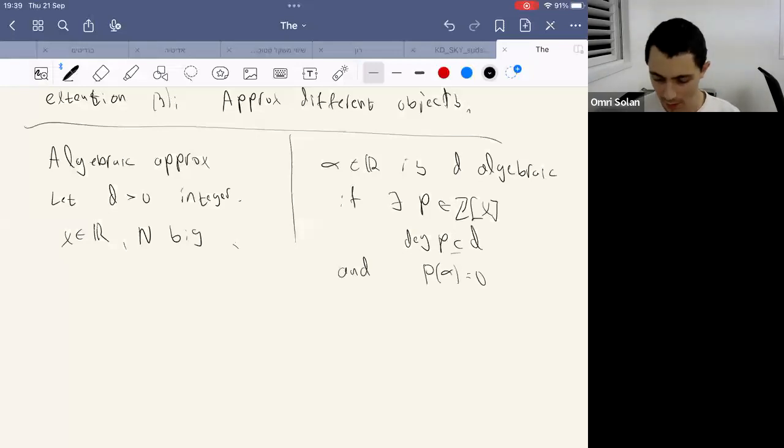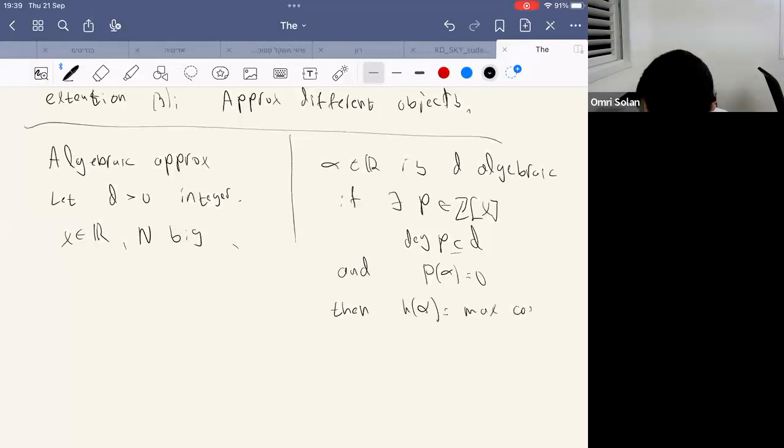Okay, and then we define the height of alpha as the maximal coefficient in absolute value of p.